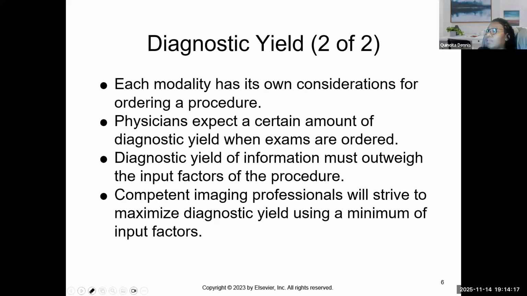Each modality again has its own considerations for ordering the procedure. The exam type chosen by the doctor needs to be able to yield the information they are looking for. If they're looking for a bone fracture, they should probably choose X-ray first.